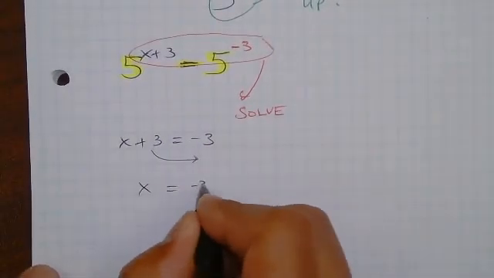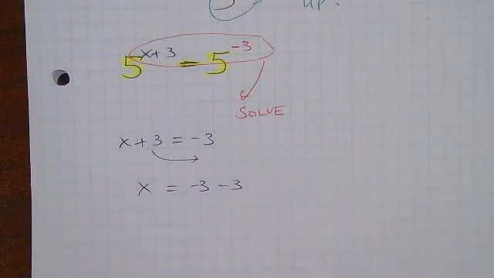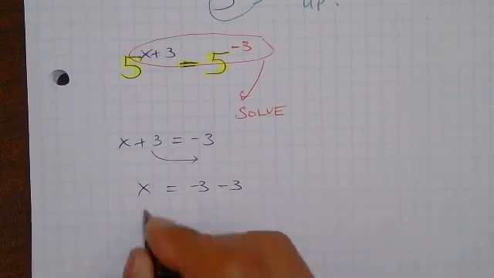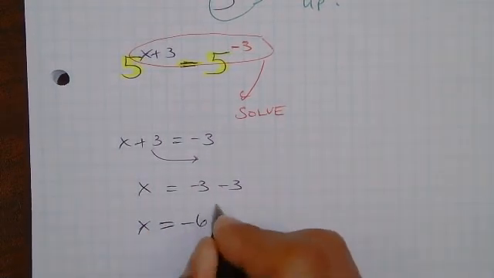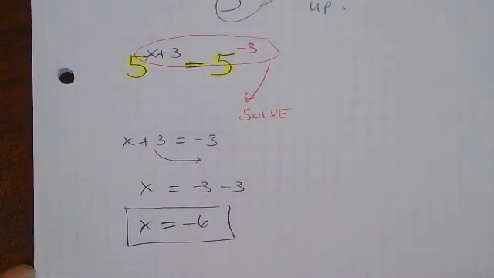What happens when you move this positive 3 that way? It cancels out. Did everybody hear that? Because you're assuming and predicting and guesstimating. No, don't do that. Stick with the steps. x is equal to negative 6, the right final answer.